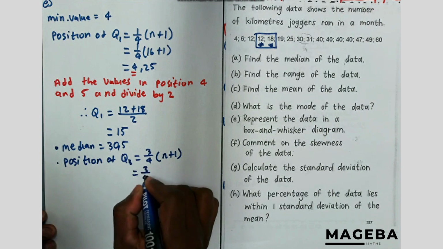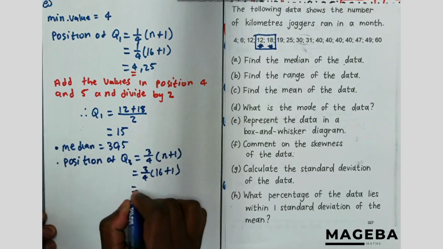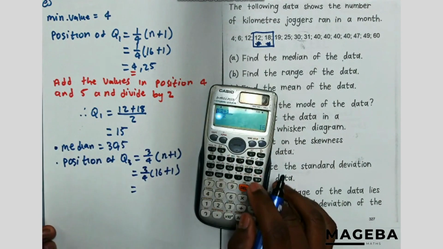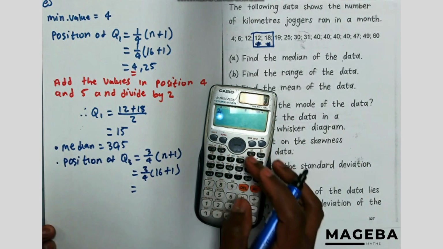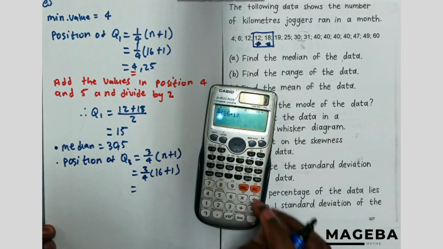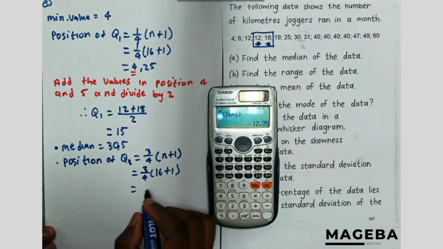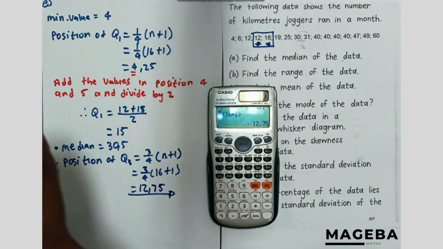Our n is 16, then plus 1. So 3 over 4 into 16 plus 1, we found 12.75.